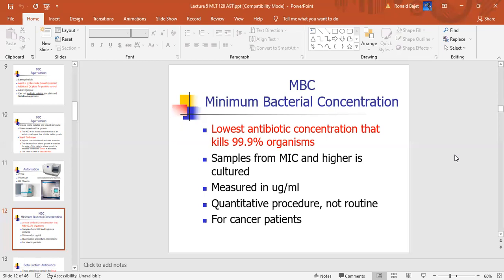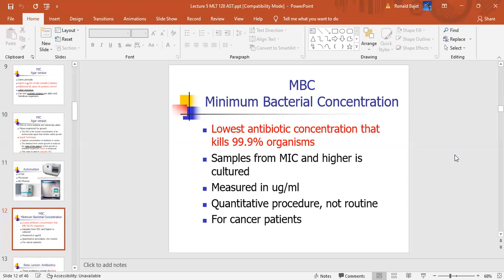So what you do is you take this and you plate it. You take this and you plate it. You take this and you plate it onto probably blood or chocolate agar. You take this, plate it, and then we decided we'll stop here and plate it.